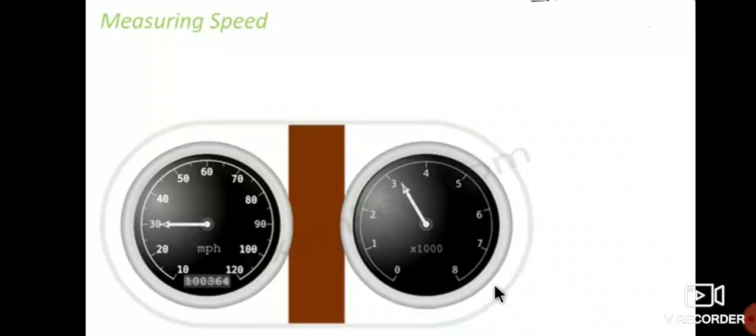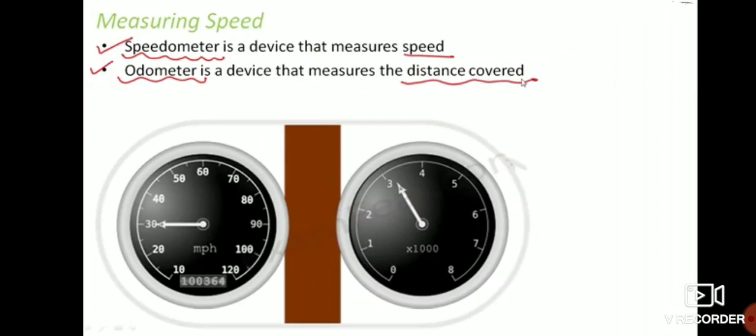Okay, and next, it's very important to know how to measure speed. That is measuring of speed. We measure speed by using the speedometer and odometer, which are already in the vehicle.